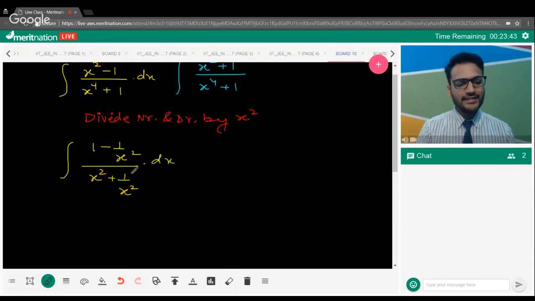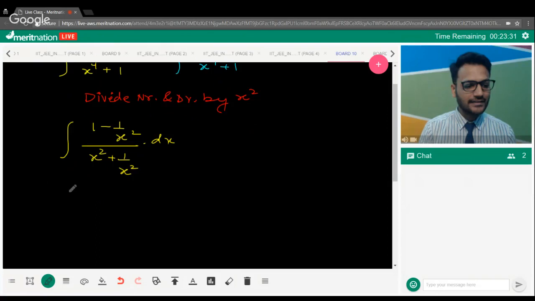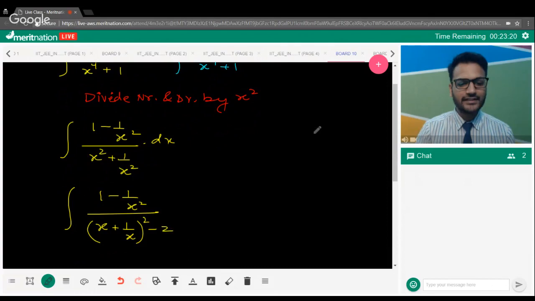In this case, we can see the numerator will be the derivative of something which you can generate in the denominator. What is that? It's a very simple thing to analyze. I can write this denominator as x plus 1 upon x whole squared minus 2. I hope everyone is clear with it.